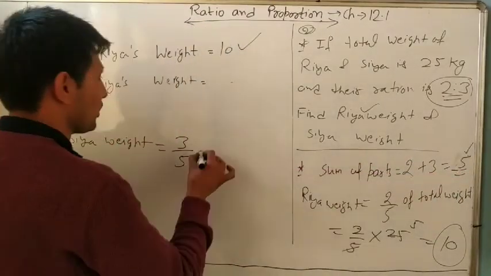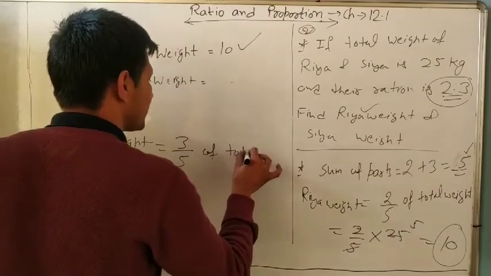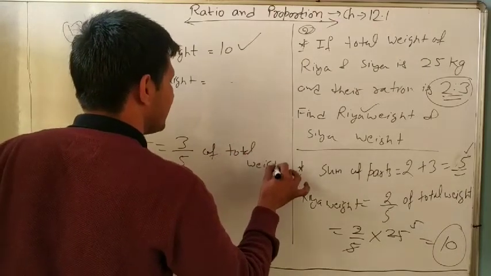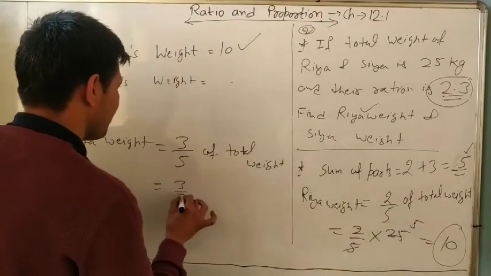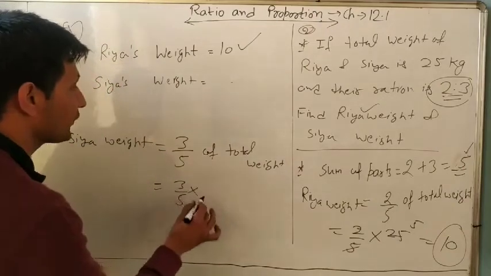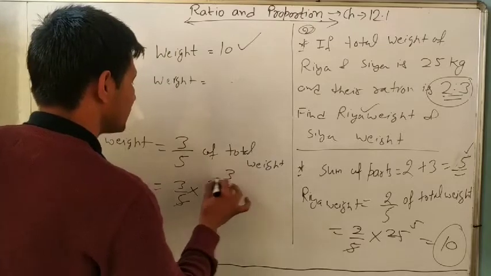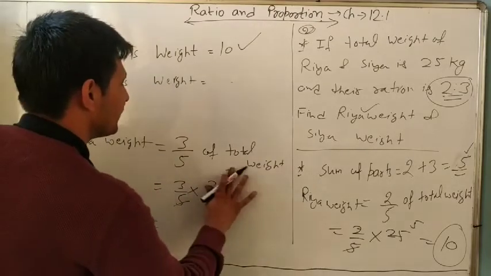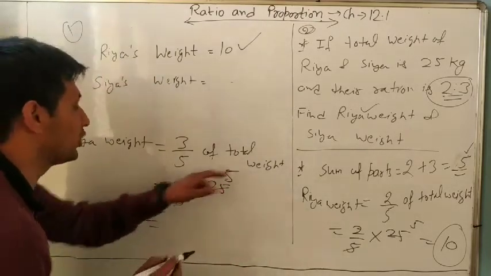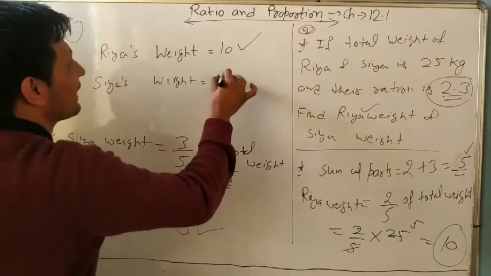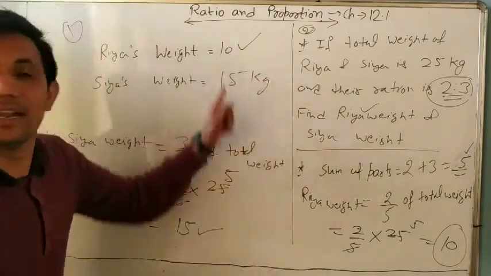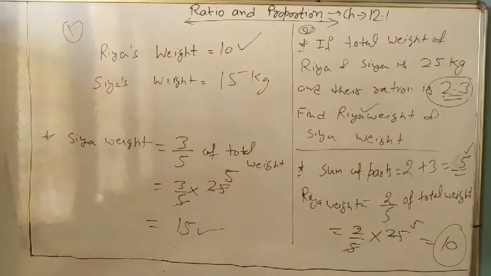The total is 25, so 5 fives are 25, 3 fives are 15. And at the start I told you 10 and 15. Like this we can find their weights. It was just an example.